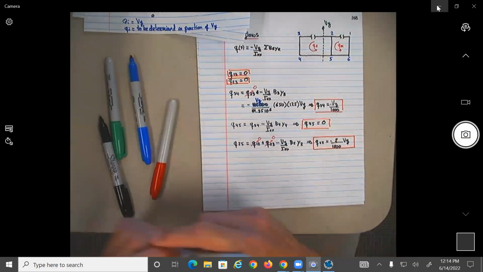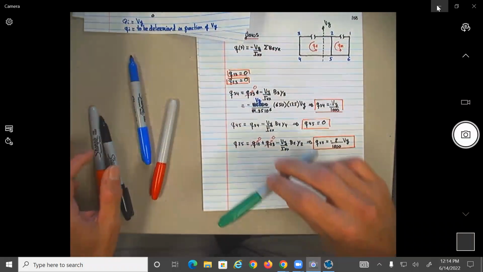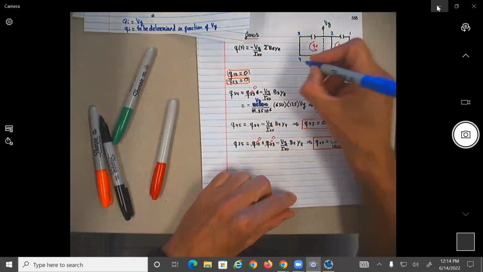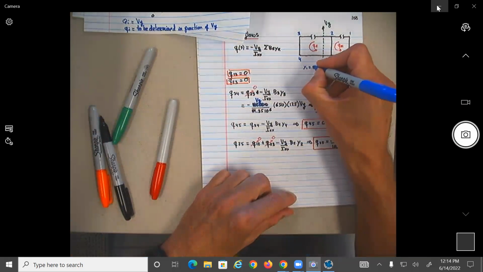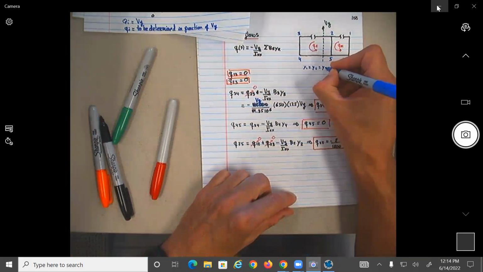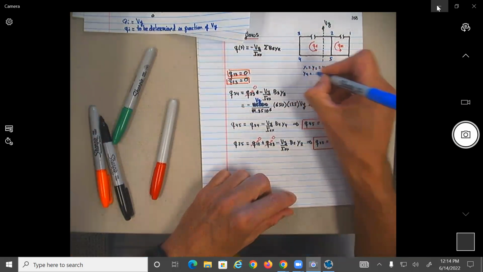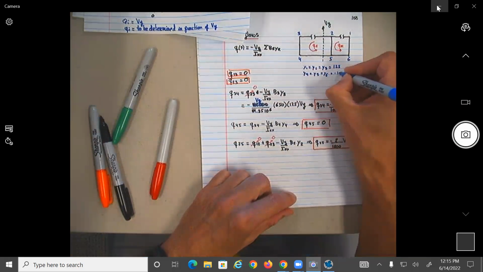Do I need to put it over here? I don't think so, but Y1 equal Y2 equal Y3 will be equal to 125, and Y4 equal Y5 equal Y6 equal to minus 125, no?